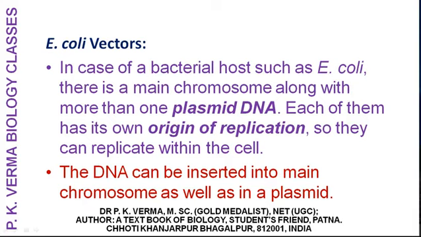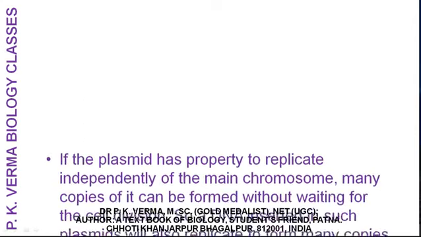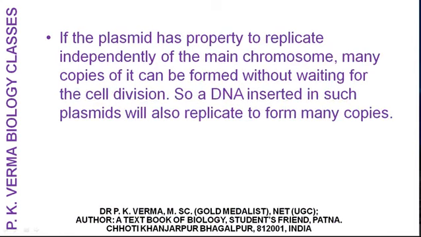One such plasmid is called the R plasmid because it contains resistance against antibiotics. Each plasmid, and the main chromosome also, has its own origin of replication. DNA can be inserted into the main chromosome as well as in a plasmid, but most commonly the plasmid is used.